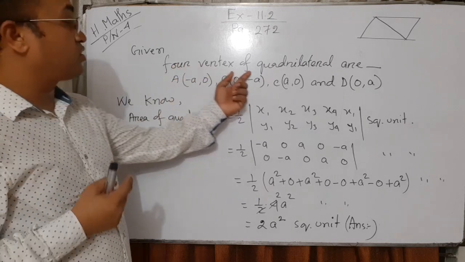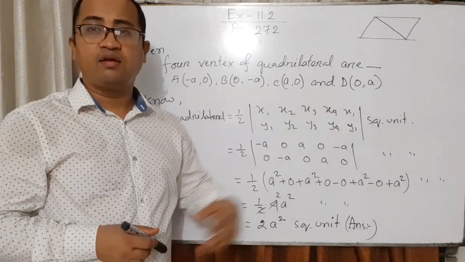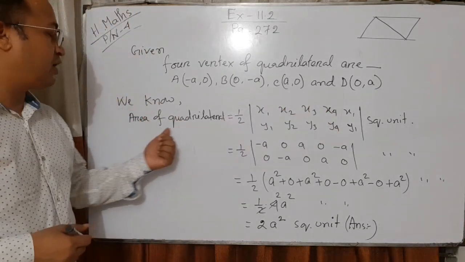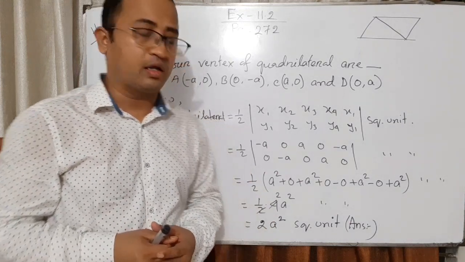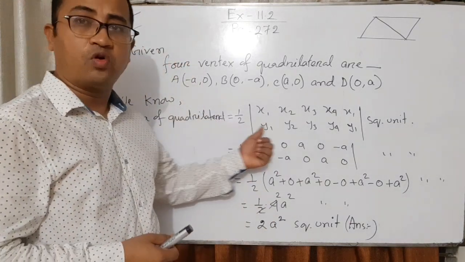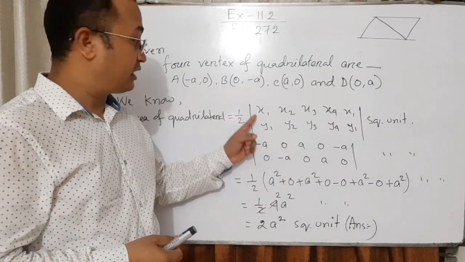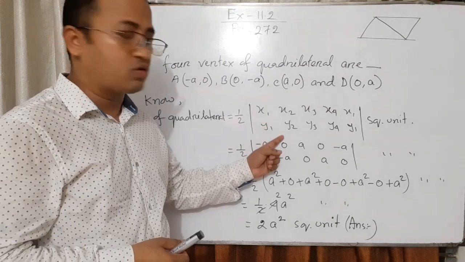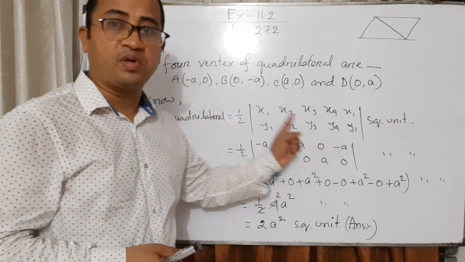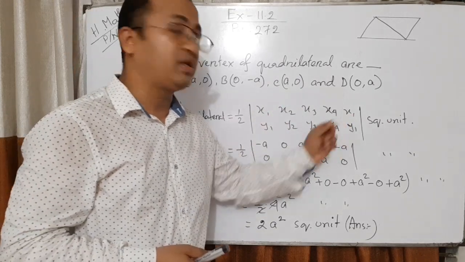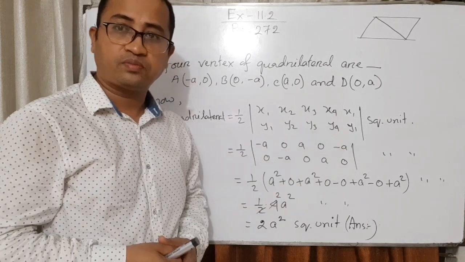Now let's see the solution. Given the four vertices of a quadrilateral are A, B, C and D. We know the area of the quadrilateral, I just told you: it is half the modulus of the vertices x1 y1, x2 y2, x3 y3, x4 y4, and the first one is repeated at the position of the last one, x1 y1.